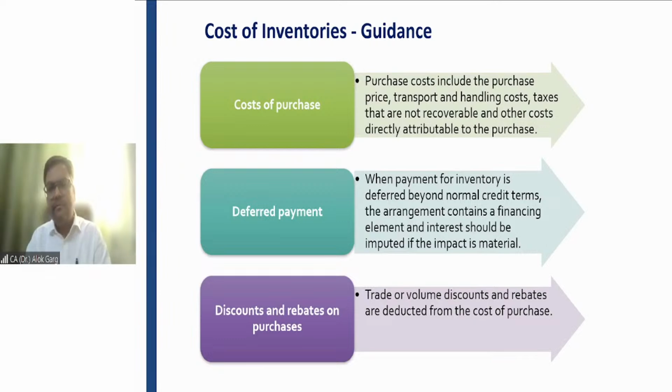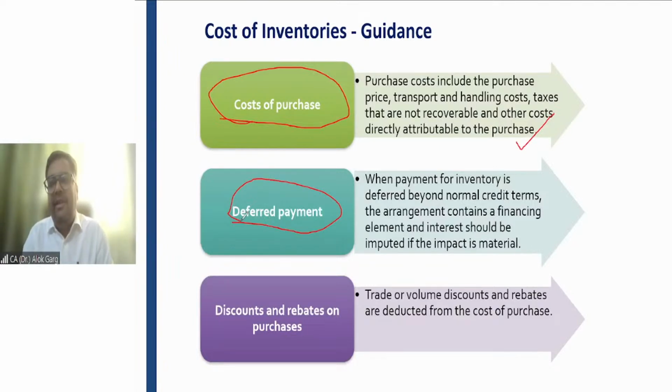Is that clear? I hope this cost of purchase is quite clear to all of you. Now there is a guidance in the cost of purchase, on deferred payment. For example, if you are buying an inventory and paying upfront, you are getting that inventory at 100 rupees per kg.